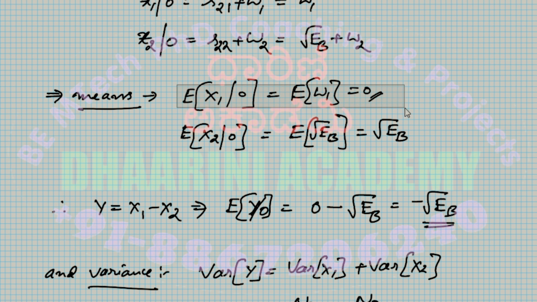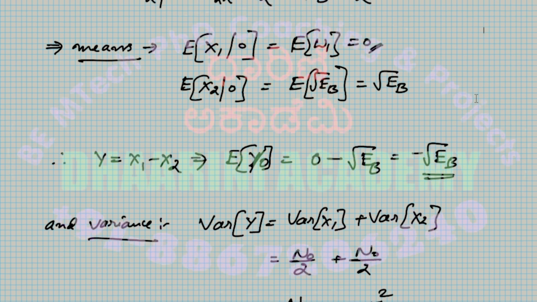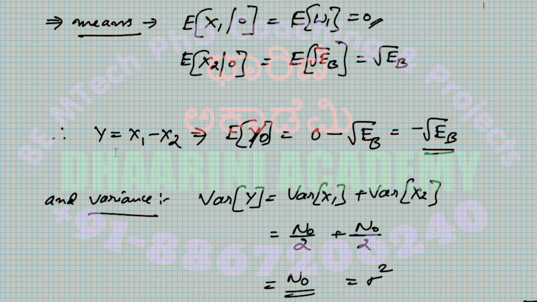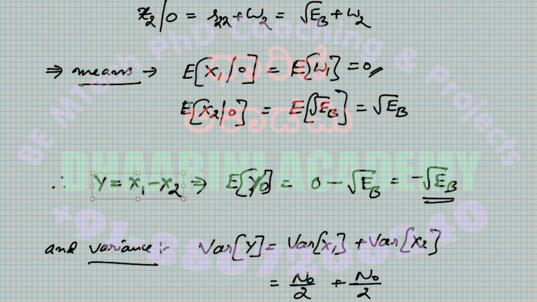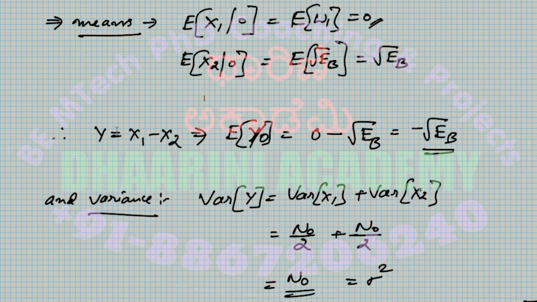First one has a mean 0 because it is only noise. Second one has a mean equal to root Eb because that has a root Eb plus W1. Now also you define Y is equal to x1 minus x2. So x1, x2 means are calculated here. Similarly, the mean of the total variable you can do add or subtract according to the equation. If you have a subtraction over here, this will also be subtracted. Okay, so you get the answer.